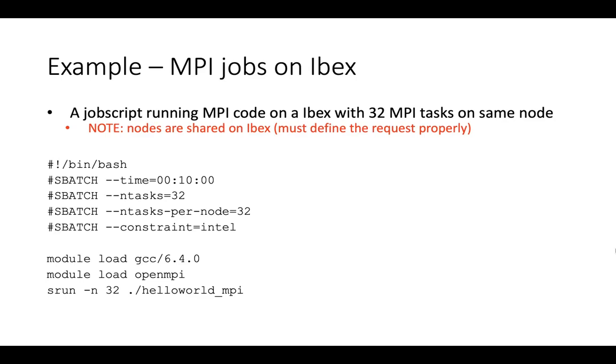This is an example of an MPI job to launch 32 MPI processes on the same node. The job therefore requests --ntasks=32. In addition to this, the SLURM directive --ntasks-per-node=32 requests that all the 32 cores should be allocated on the same compute node.